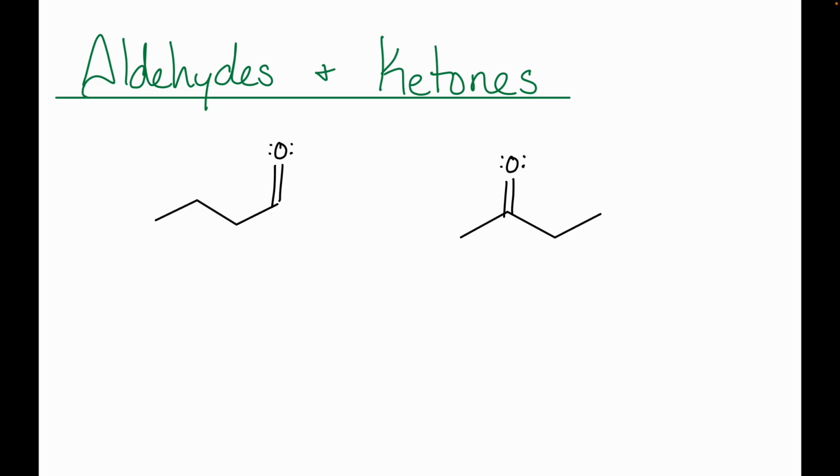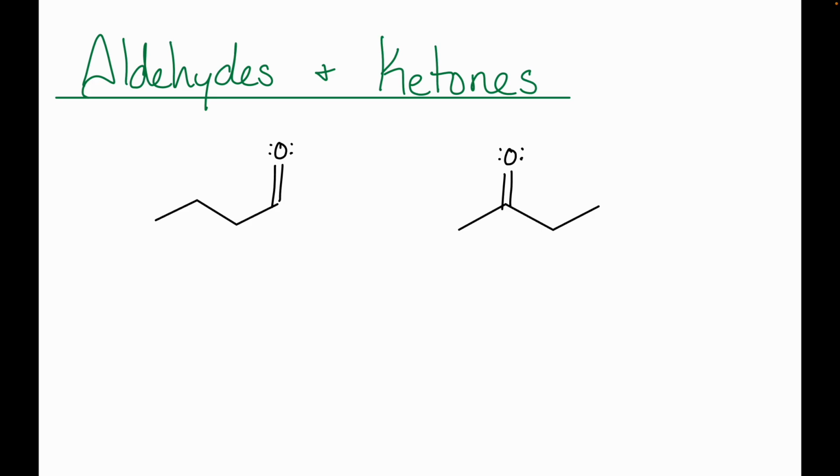All right, one of these is an aldehyde, one of these is a ketone. I want you to see if you can remember which one's which here. Which one's which?